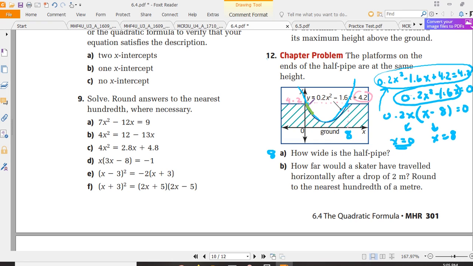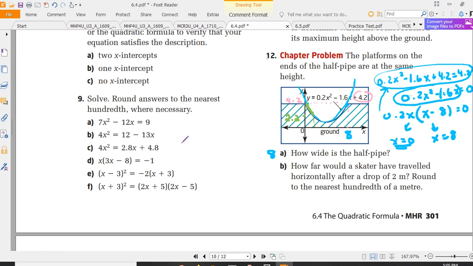So in other words, 4.2 minus 2 is 2.2. I want to know what my horizontal distance is after I hit a height of 2.2 meters.